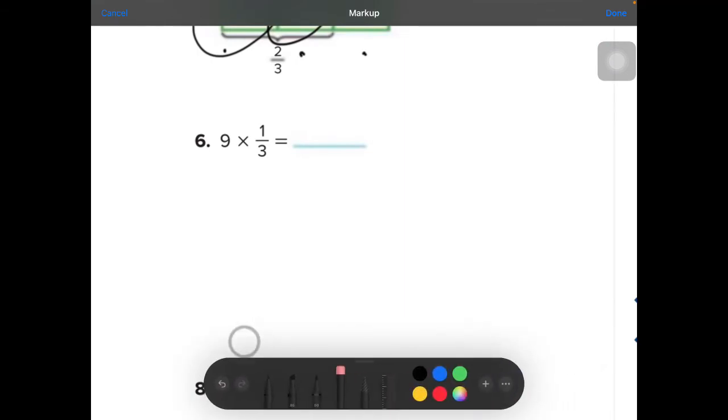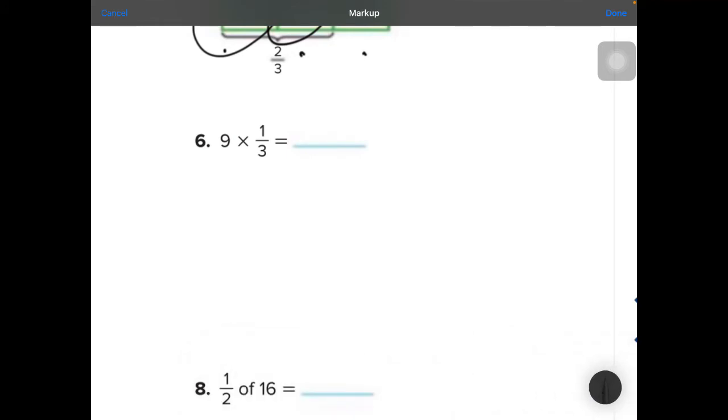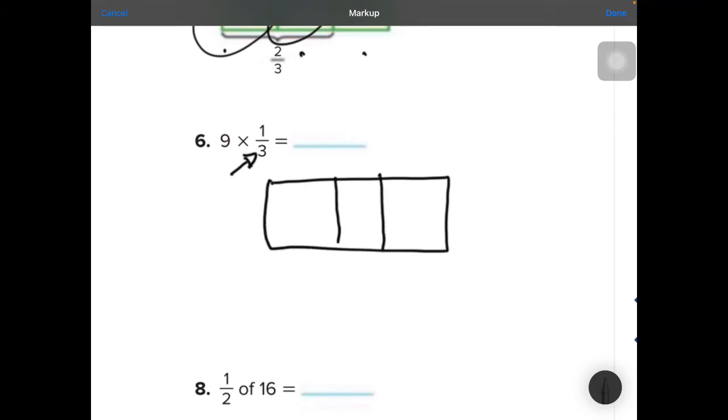Number 6, we have 9 right here. I'm trying to erase that. There we go. And our denominator is 3, so we draw a little diagram with 3 compartments. Then we draw a little bracket coming up like that, and it's going to be 9.